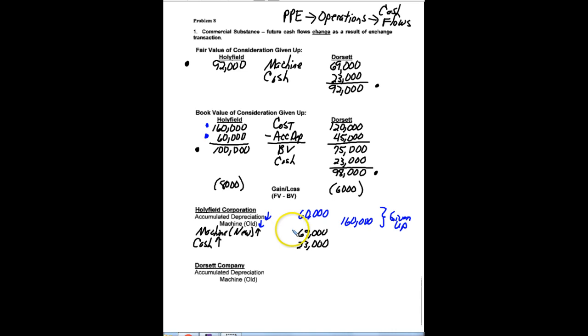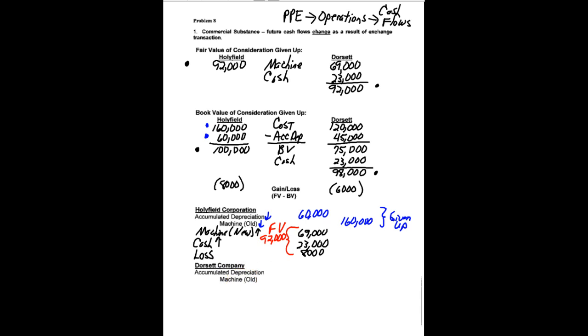So let's note, total amount received is $92,000, and we are recording the fair value of what they're receiving. Debits don't equal credits. We need another debit, which is a loss of $8,000. If you add up your debits, those will total $160,000.